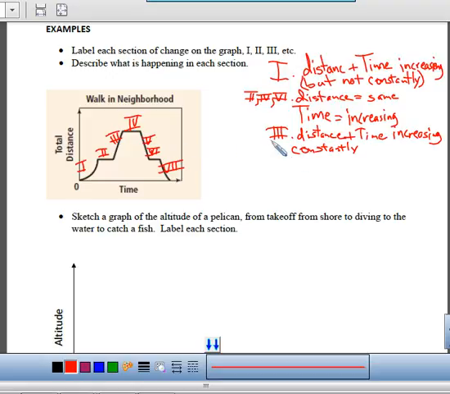And also, so now we're at section 5. This time, the distance is decreasing.